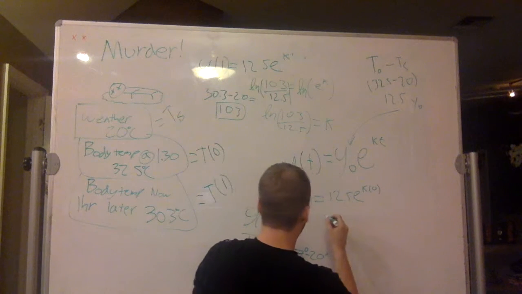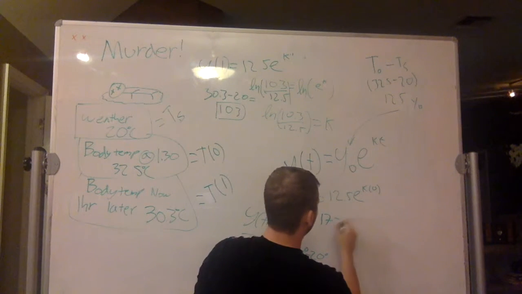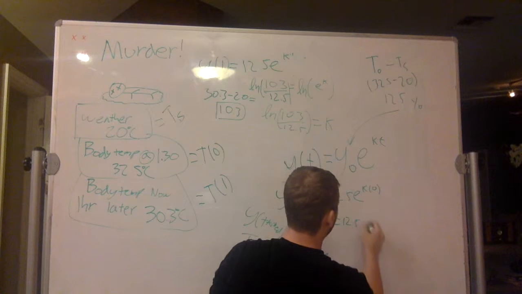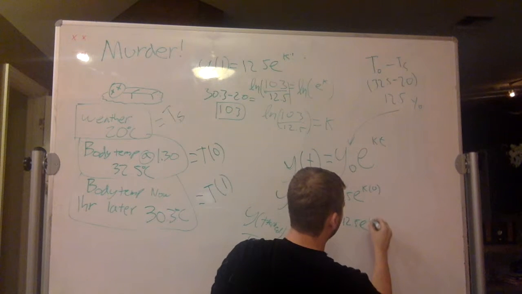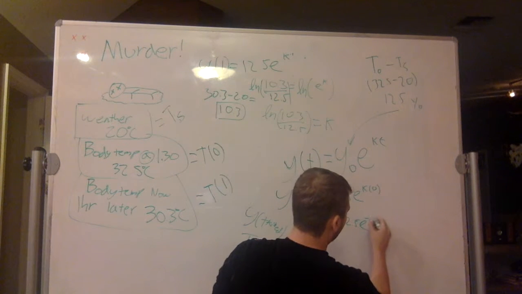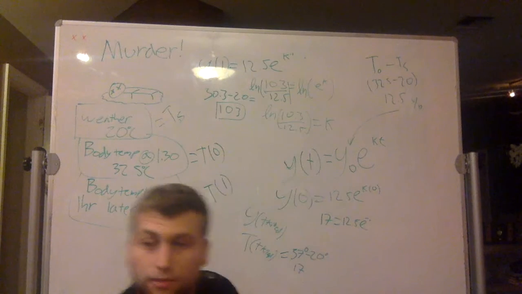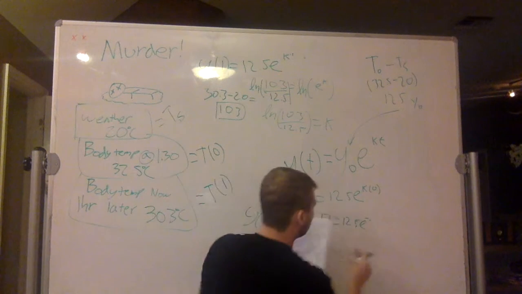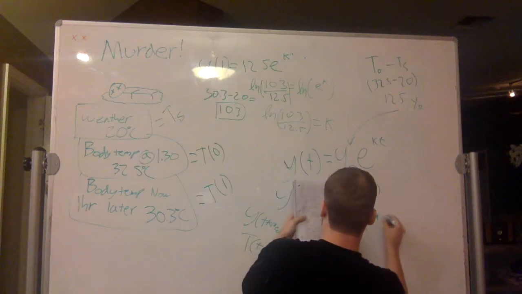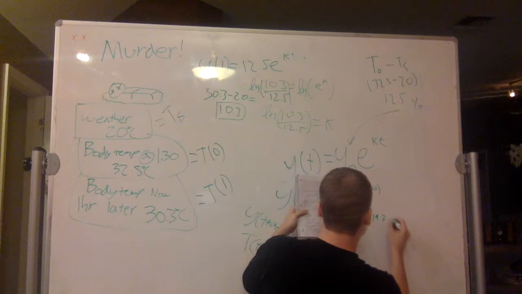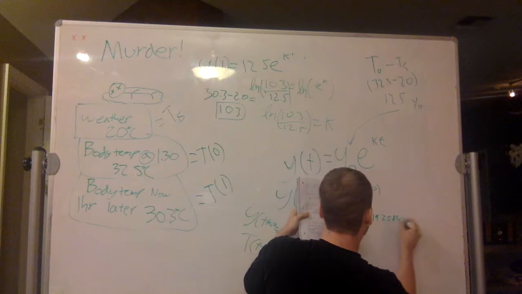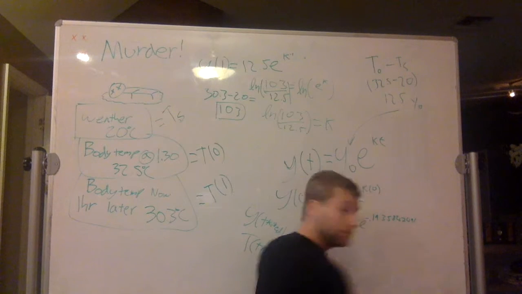So here we go. We're going to get 17 equals 12.5 e to the negative point, hold on, what was it? 0.193584741.